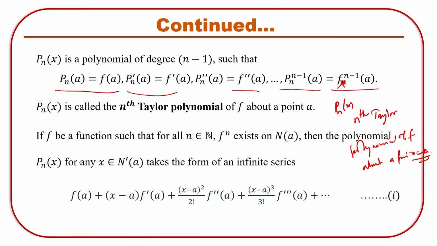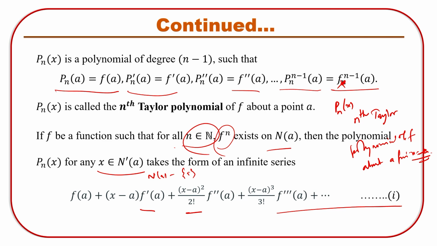So, if a function f is such that for each natural number n, the nth derivative exists on a neighborhood N(A), then the polynomial Pn(x) for any x belonging to the deleted neighborhood N(A) minus A, so there is no A itself, takes the form of the infinite series f(A) plus (x minus A) f dash of A plus (x minus A) square by factorial 2 and so on.